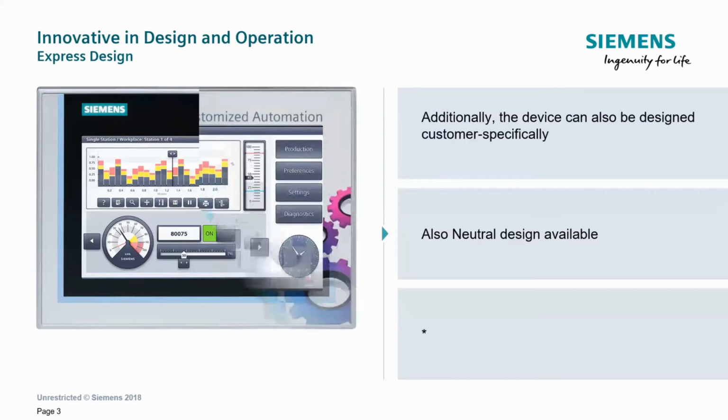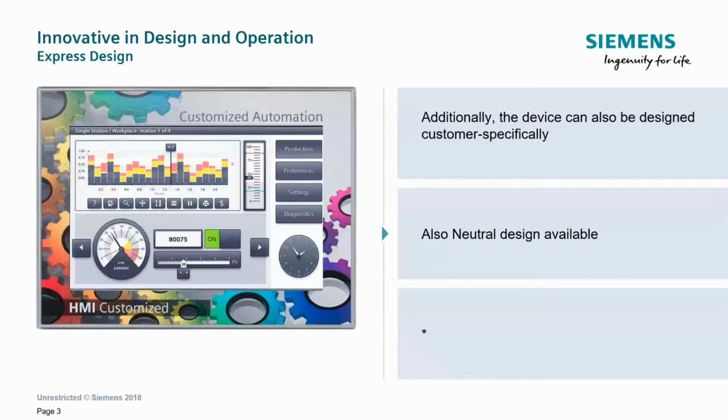Okay. In this age now, people also want to be able to express their own design. So, of course, natively with the way a panel would come, we would all have the Siemens branding on it. Okay, so most of our panels now also give us the capability to order a neutral design, so just a complete flat black bezel.